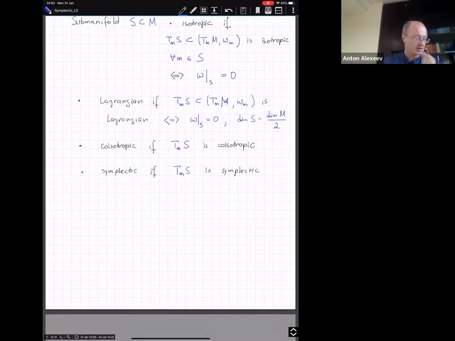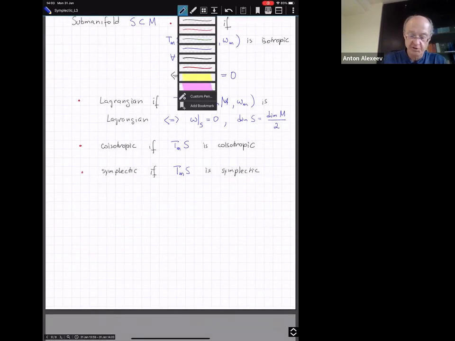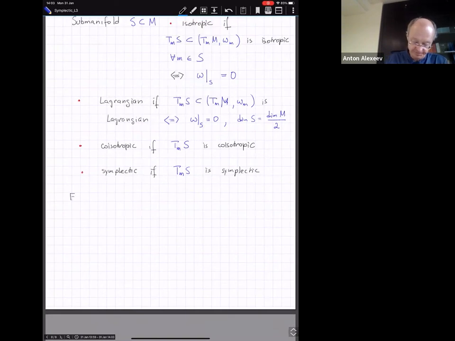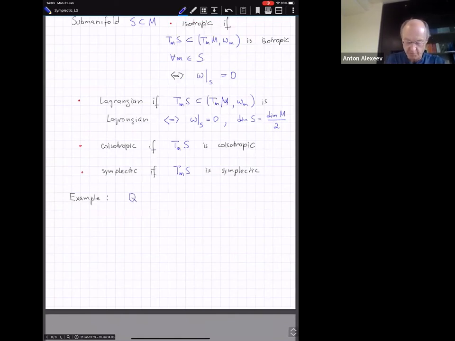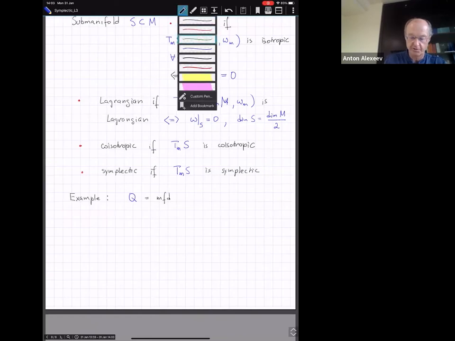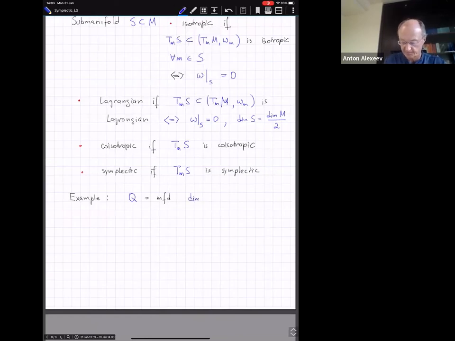Now, perhaps let me finish with an example. And this example will be useful for the next problem set. So let me recall from the previous problem set. We had the following setup. Q is a manifold of, say, dimension n.